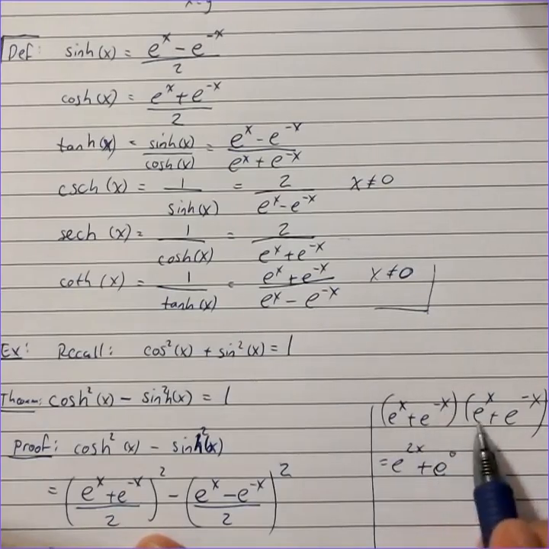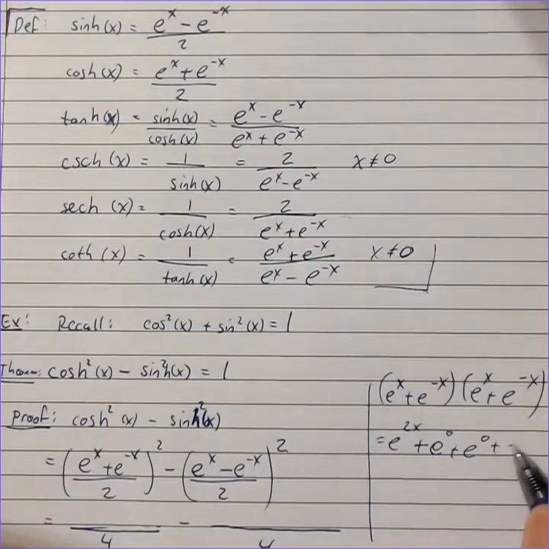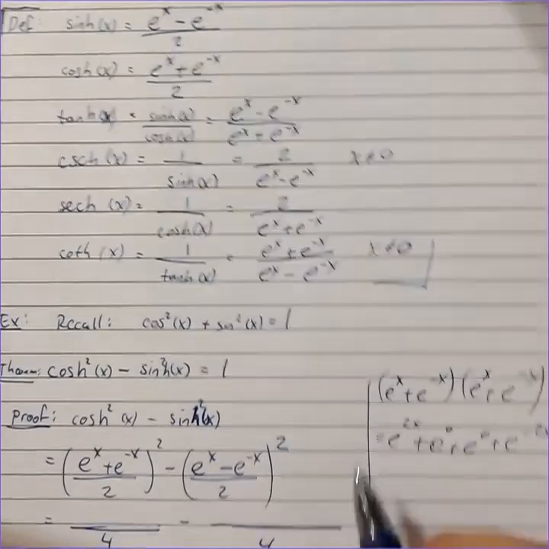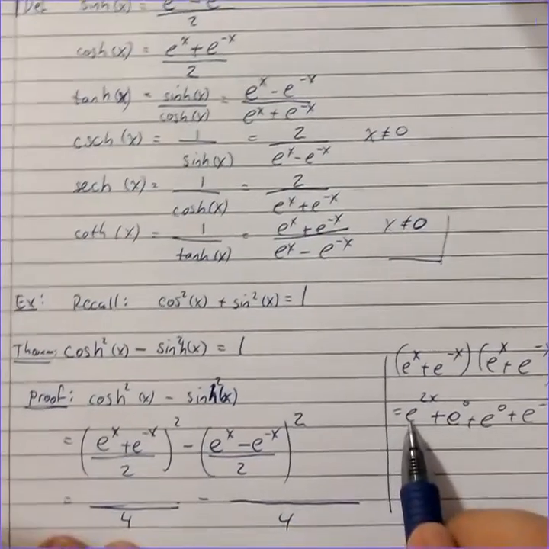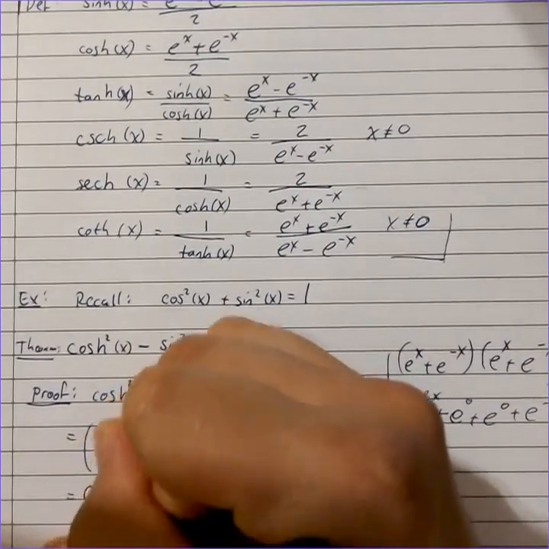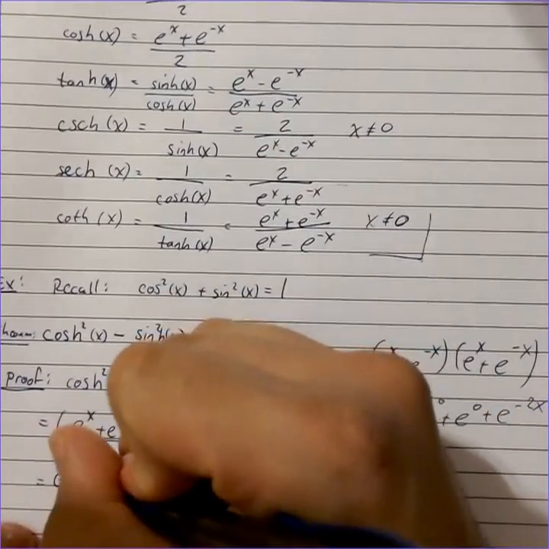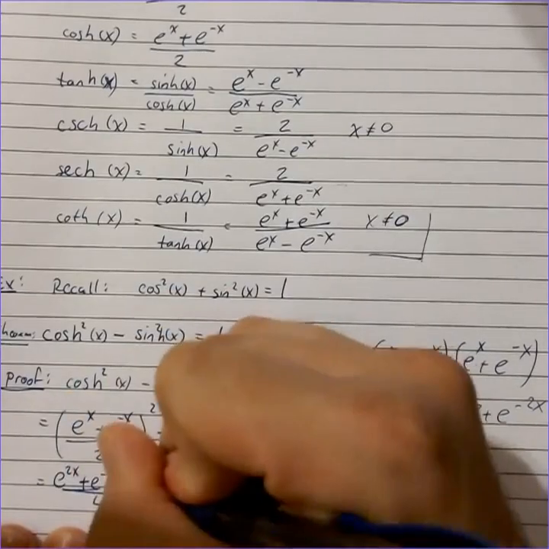Same thing here. E to the minus x times e to the x is again e to the 0, which would just be 1. And e to the minus x times e to the minus x is e to the minus 2x. Those will get added together. Here, 1 plus 1, well, that's going to give me 2. So my numerator is going to be e to the 2x, e to the minus 2x, and then 1 plus 1 will give us 2.